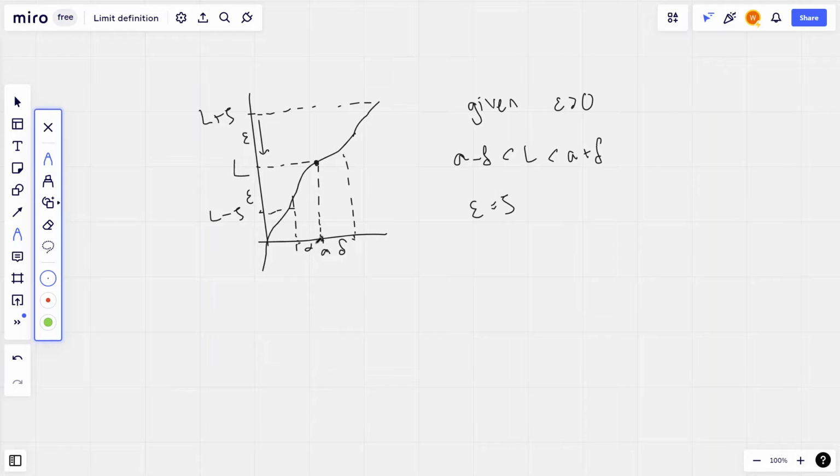What I'm saying is we can find some delta such that we still have every value within this range here, such that it's contained within our range of outputs. So we're basically observing the behavior around A and not at A. We're looking at everything that can happen inside of this.